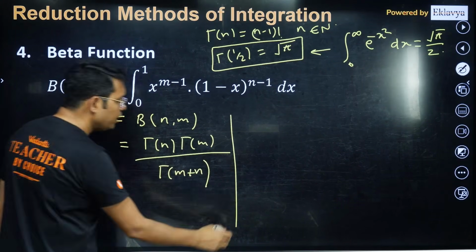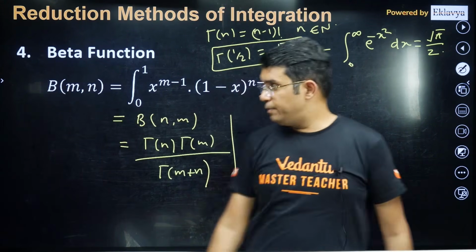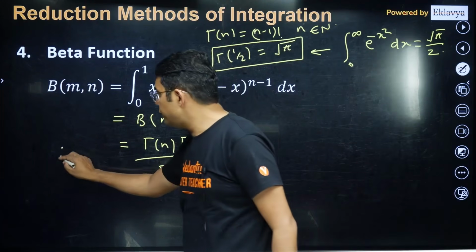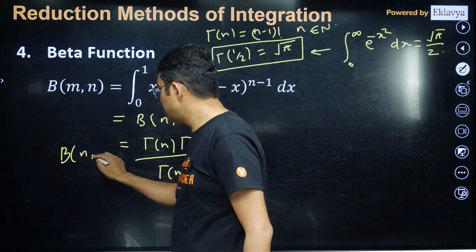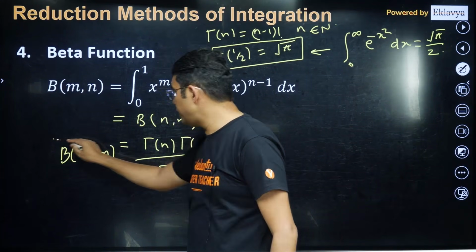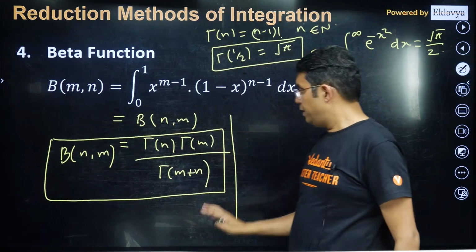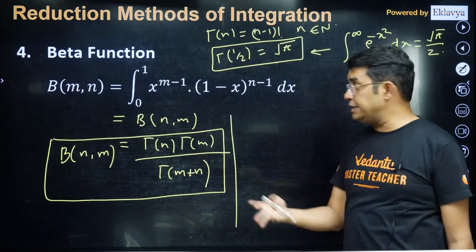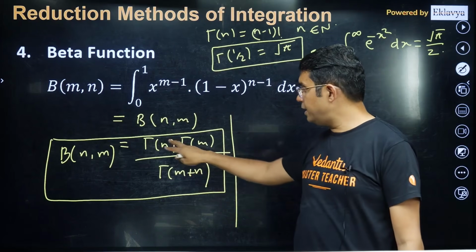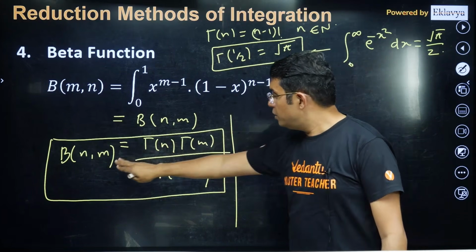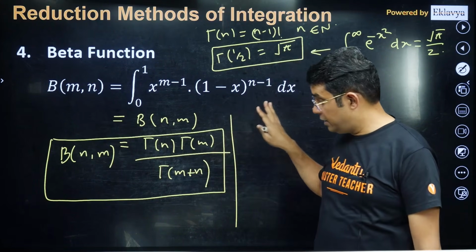I will give you a very simple proof of it, but please remember that the beta function m comma n, or n comma m, it's the same thing, is given by this. It may give you a feeling of nCr, the reciprocal of nCr, m plus n and m. So beta m comma n is given by this.